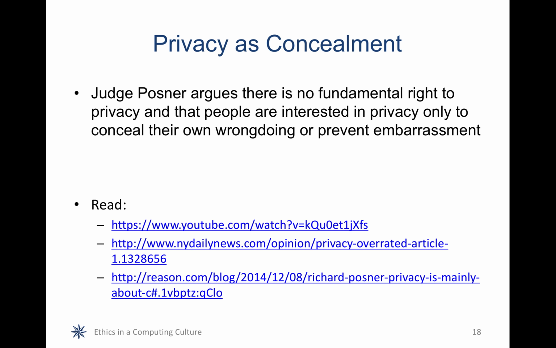Judge Posner wrote an article two weeks after the Boston Marathon bombings in April of 2013. He argued against the right to conceal information. You need to read these and watch these videos to get his argument here.